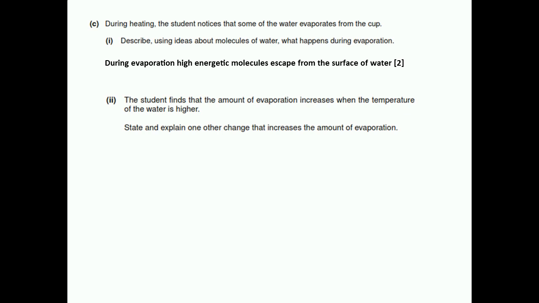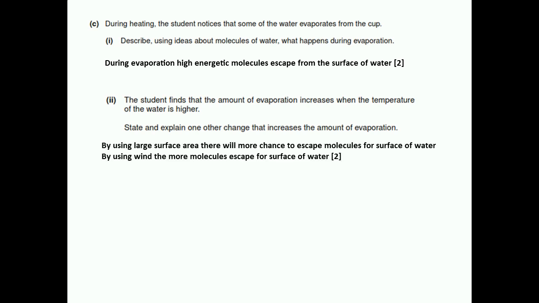Part 2 of C. The student finds that the amount of evaporation increases when the temperature of water is higher. State and explain one other change that increases the amount of evaporation. As I told you, evaporation depends on different things.